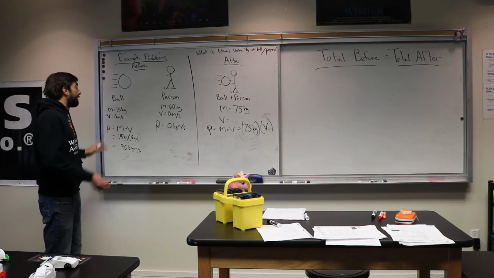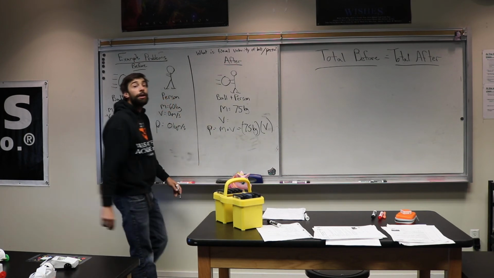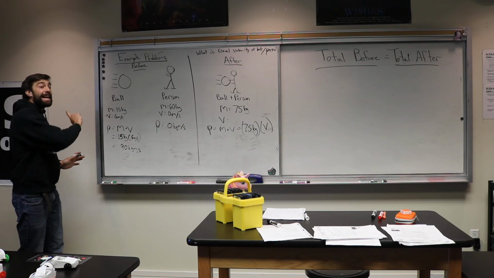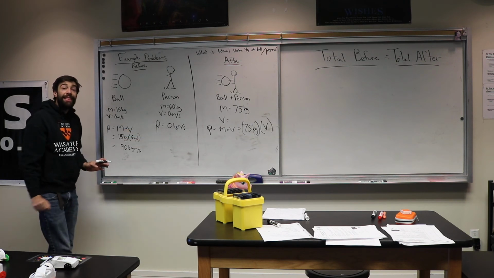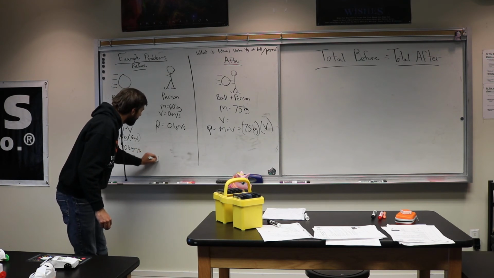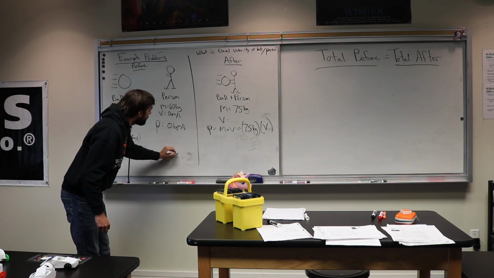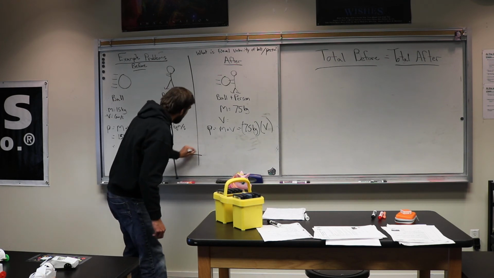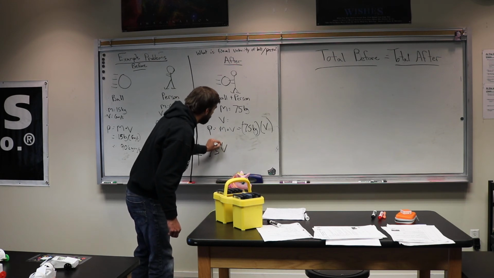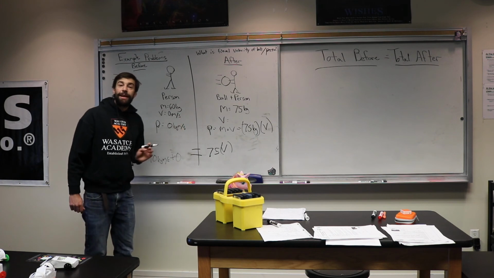Now, we've said that the total momentum before equals the total momentum after. So I'm going to add up all the momentums on this side and set it equal to the momentum on that side. So 90 kg m/s plus 0 equals 75v. So 90 equals 75v.